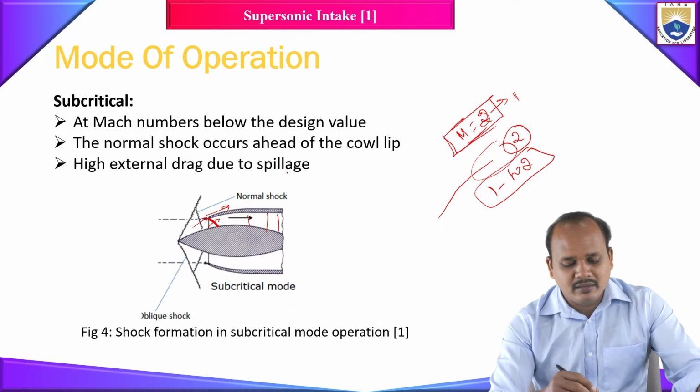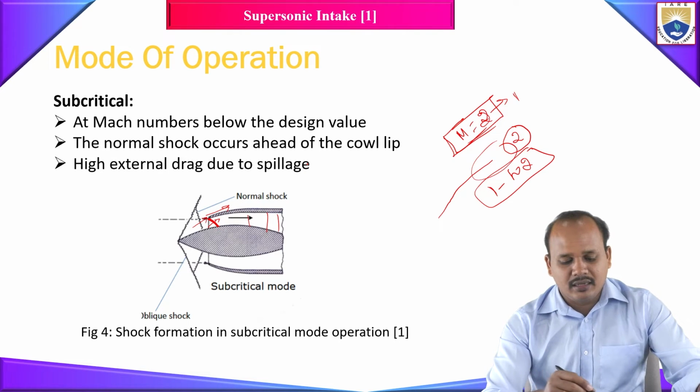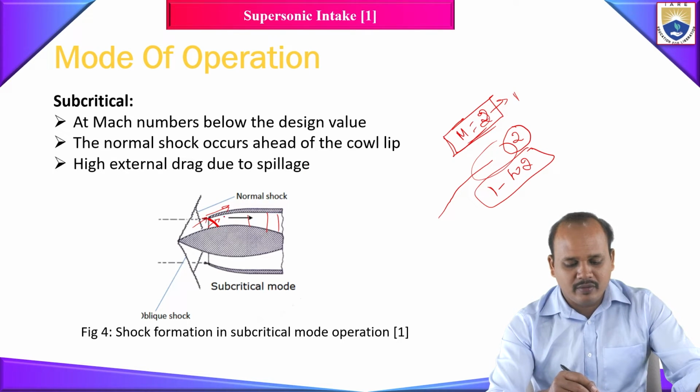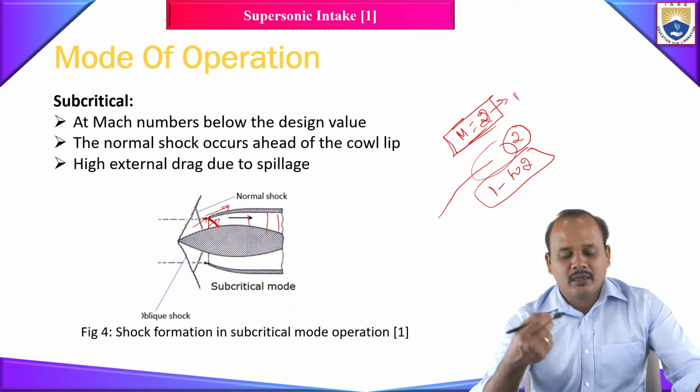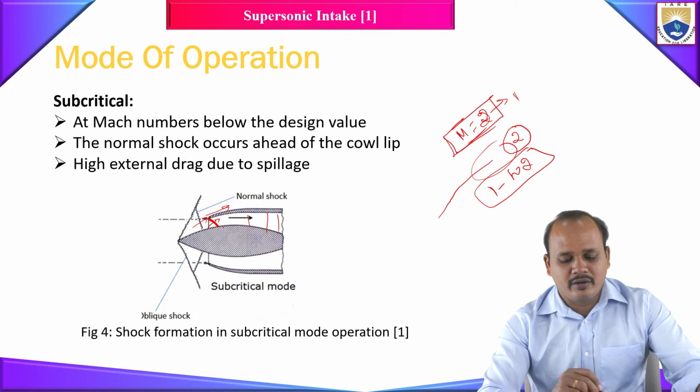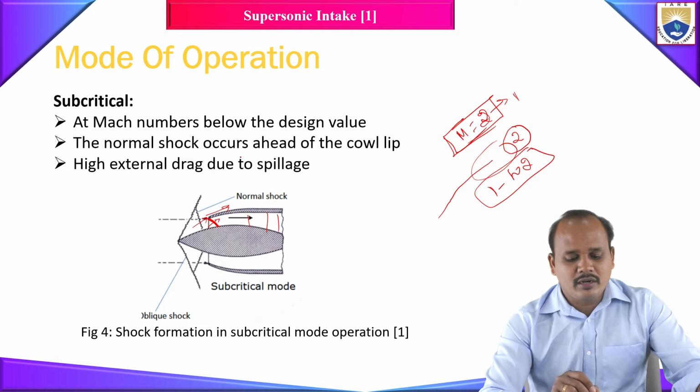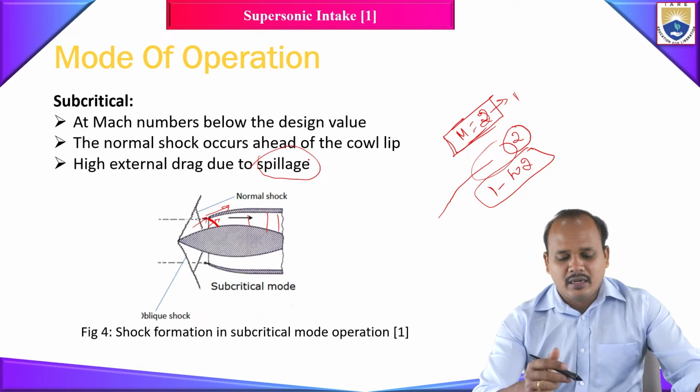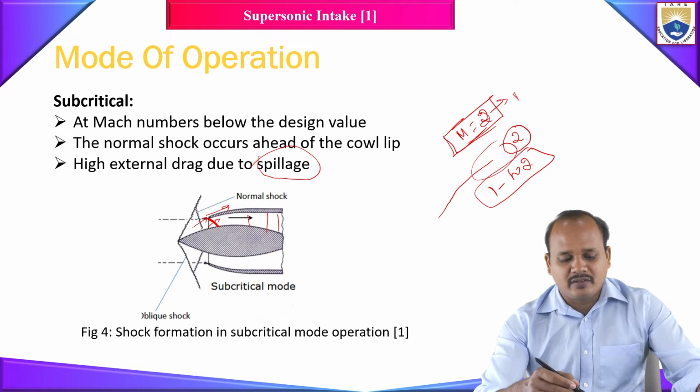That is what we call spillage: rather than the flow passing through the normal shock wave and completely entering your intake, some portion passes over your intake. Because of this spillage, the drag will be increased. We call it the spillage drag.